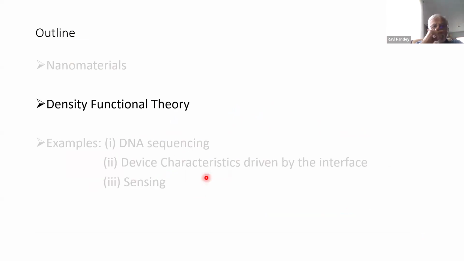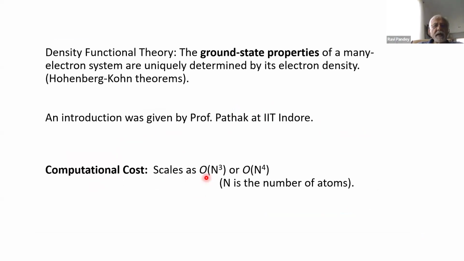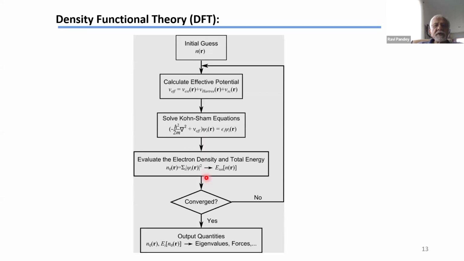So let's move to the theory. What we use here is so-called density functional theory. The program starts with an initial guess. If you look at, say, MgO, a crystal, or even graphene, a 2D material, we start with the initial guess of the carbon atoms.